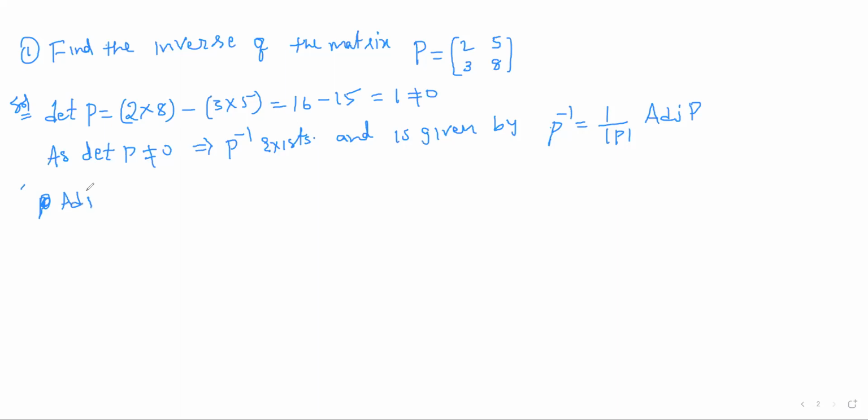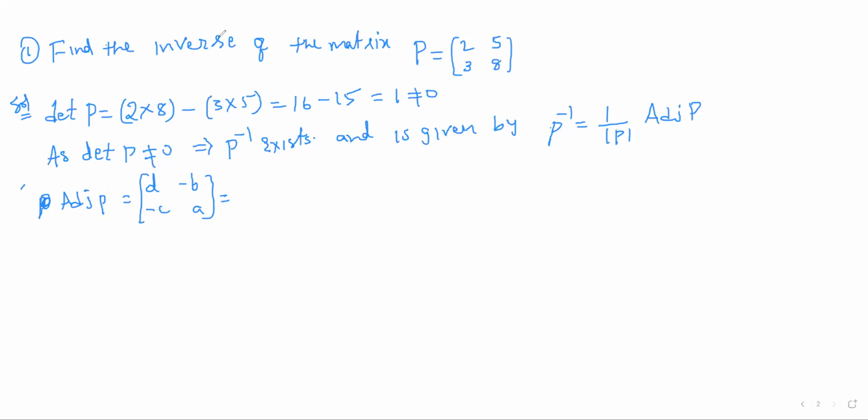Adjoint P is equal to, so what is the formula? D, minus B, minus C, A. This is the formula for a 2 by 2 matrix adjoint. Already I have told you. According to that, D means 8.